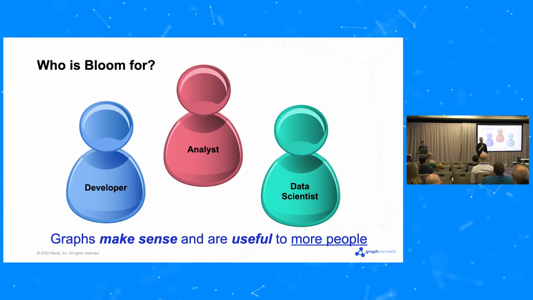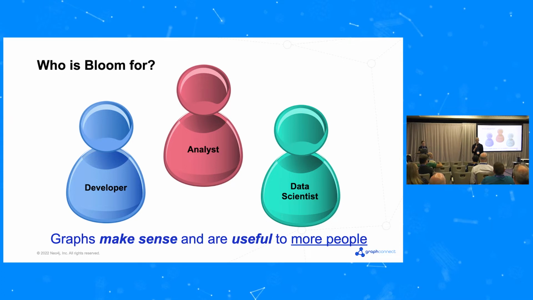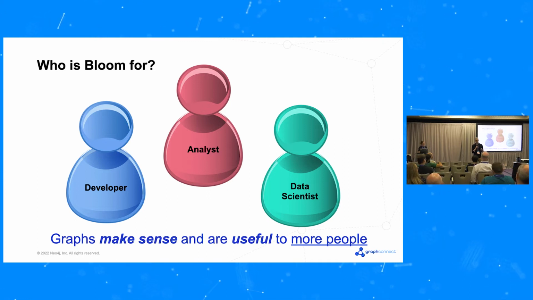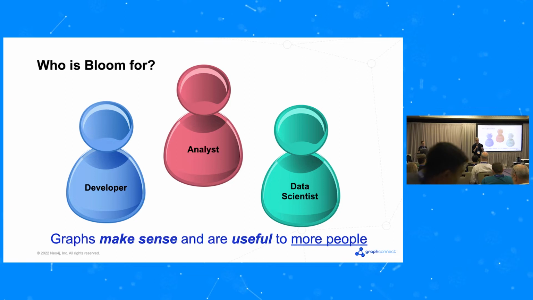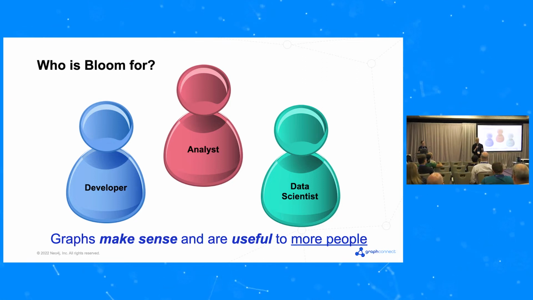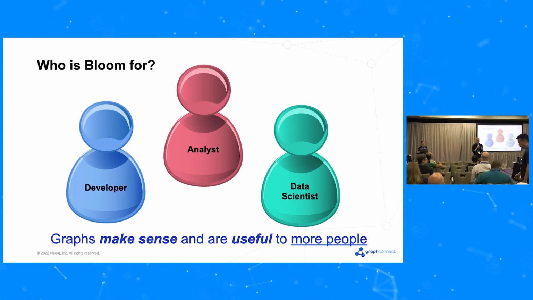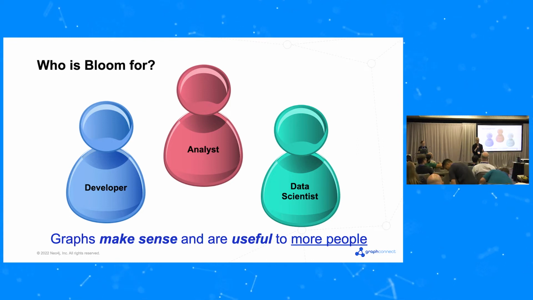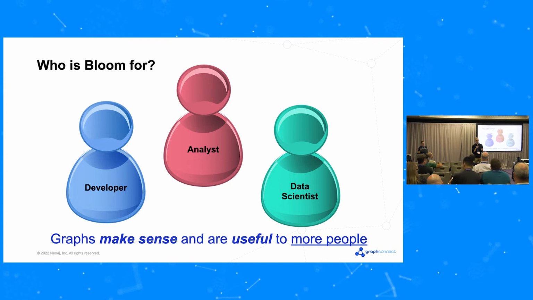And finally, the data scientist. So we talked a lot this morning about graph data science and the power of a database that is good as a database and for analytics. And very similar to developers, data scientists can use Bloom to help analysts by building pipelines that generate results that analysts can then look at and action in Bloom without having to be data scientists or developers.